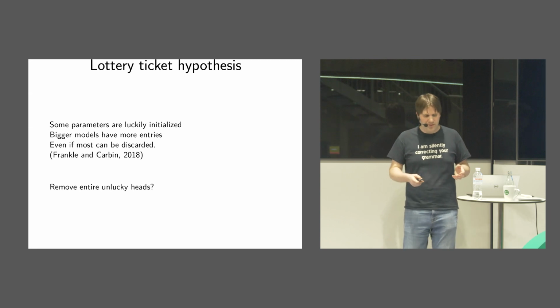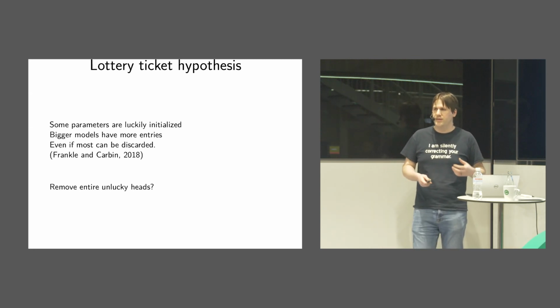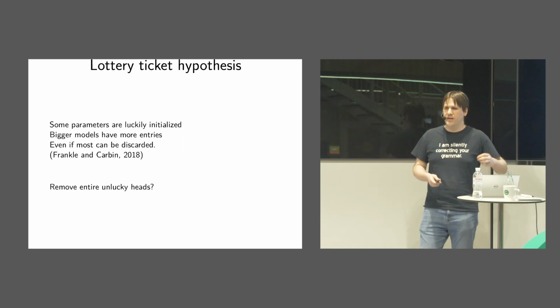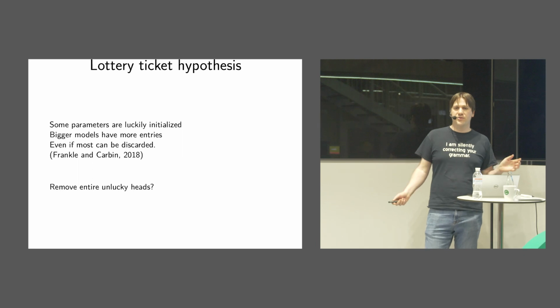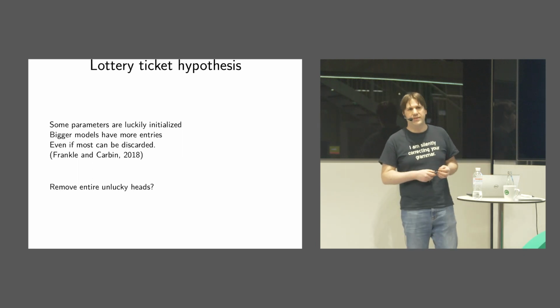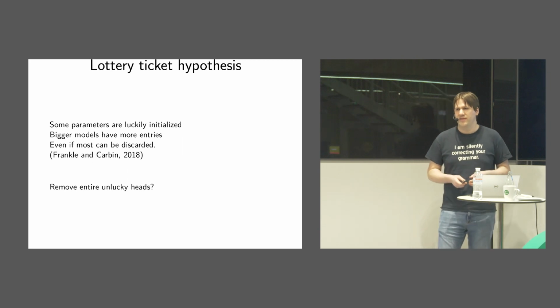And typically this sort of pruning in the lottery ticket hypothesis, when it's productionized to make models go faster, is done at the coefficient level. So you might make a sparse matrix out of it. But the problem with these sparse matrices is unless you're well over 80% sparse, it's not going to go faster on a CPU.